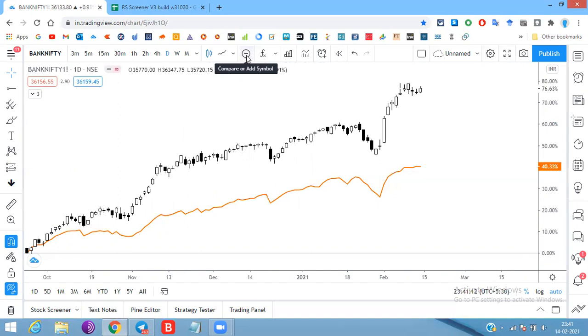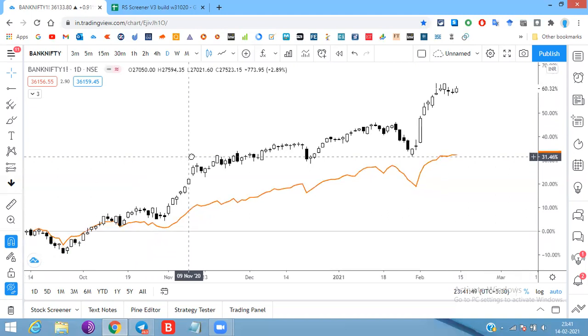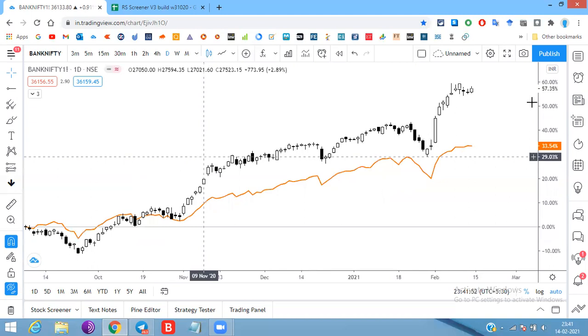This compare mechanism starts. So from this ARS date, which is 24th of September 2020, we can see that Bank Nifty is clearly outperforming Nifty. If Nifty is moving by 40.33%, then Bank Nifty is moving by like 76%. Look at the right side, whenever you change the look back period, this percentage also changes.